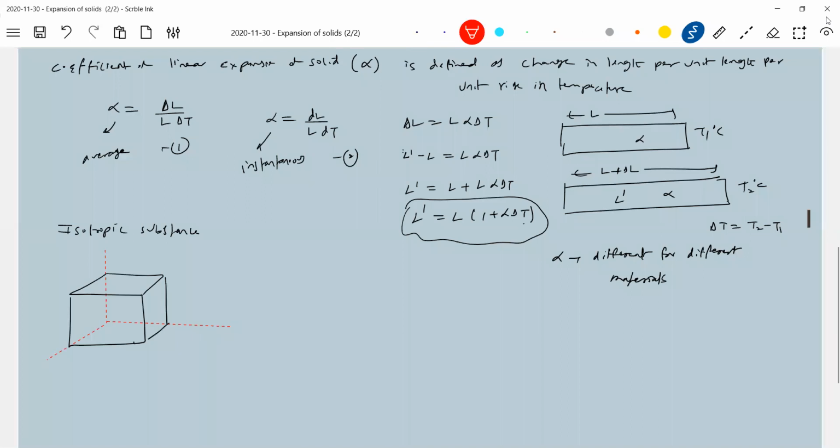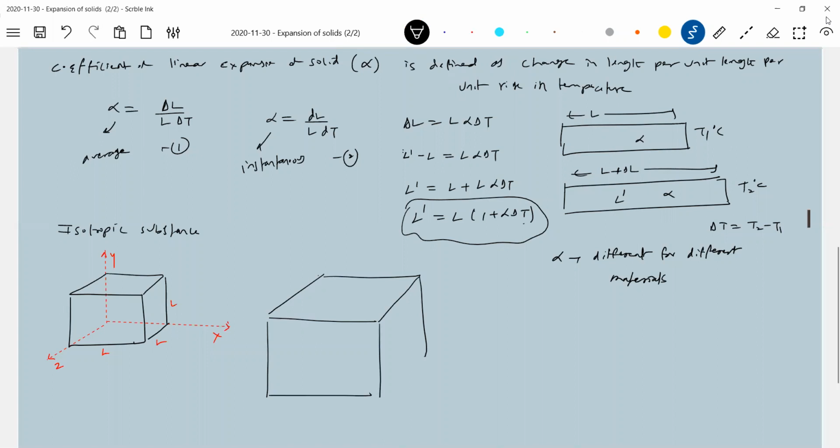We have x, y, z axes. I took a cube which has side length L. If I raise the temperature, this cube will expand uniformly in all directions. So at higher temperature, these will be the dimensions.